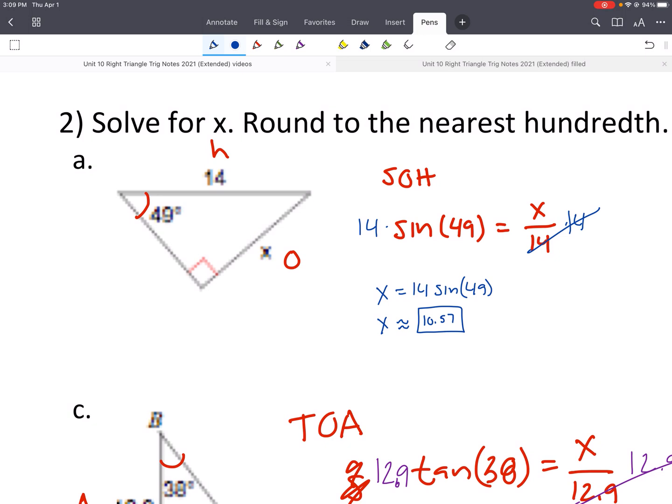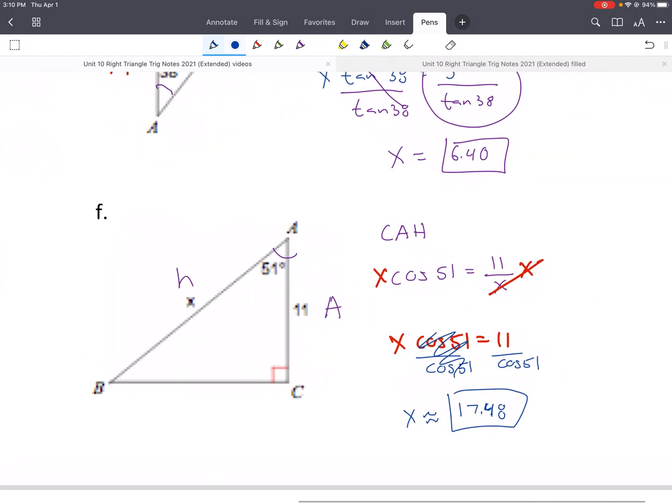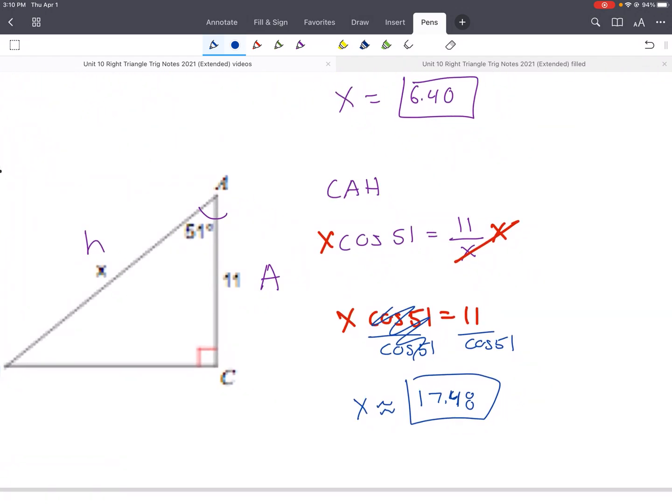If x is on the top, we just need to multiply both sides by the denominator. And if x is on the bottom, then we'll need to do it twice. We'll need to multiply both sides by the denominator. That will get the x in the numerator. And then we'll need to divide both sides by sine, cosine, or tangent.